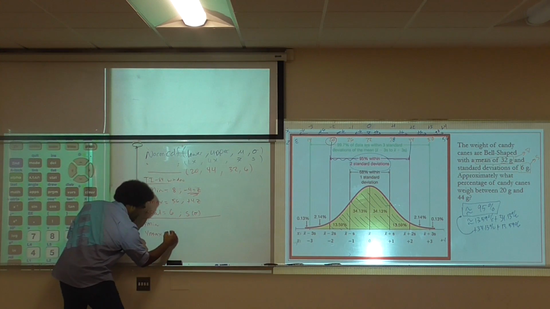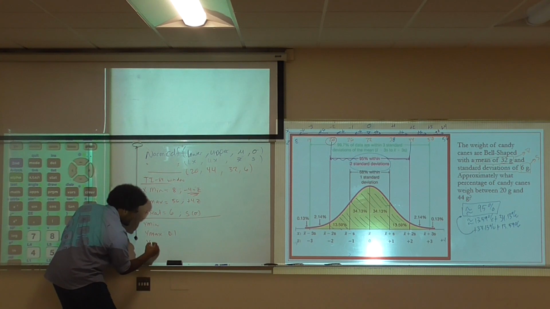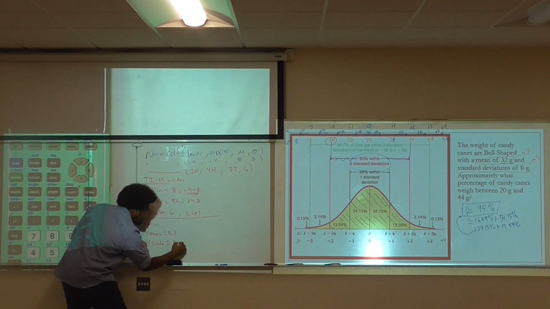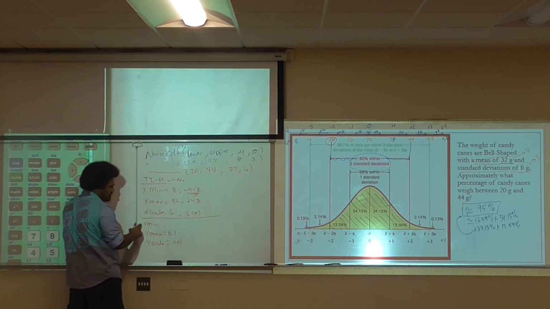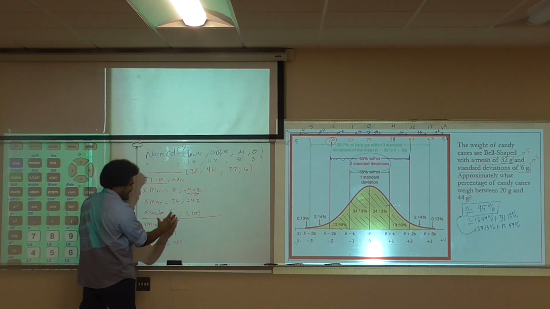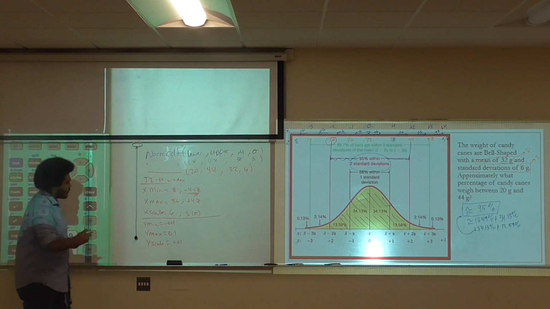So our y scale could be 0.01. My y min is going to be the opposite of the scale, negative 0.01. I just try to keep it proportional, so when I want to convert it, it's going to work.